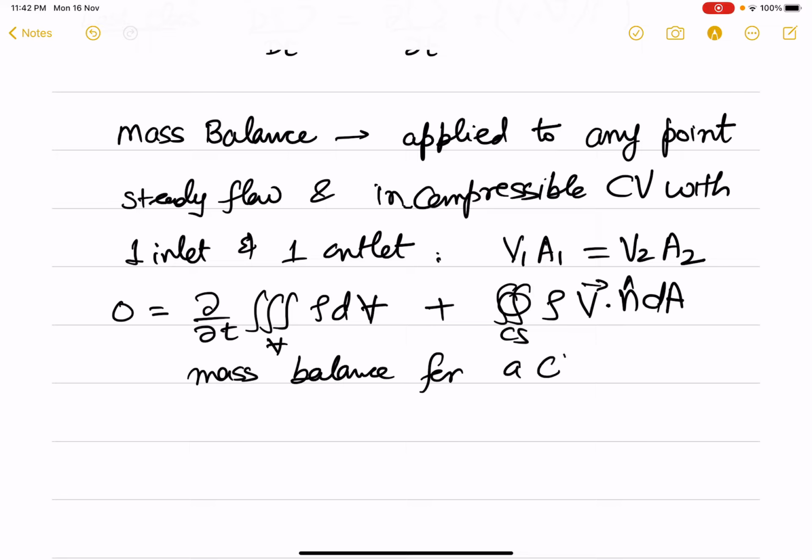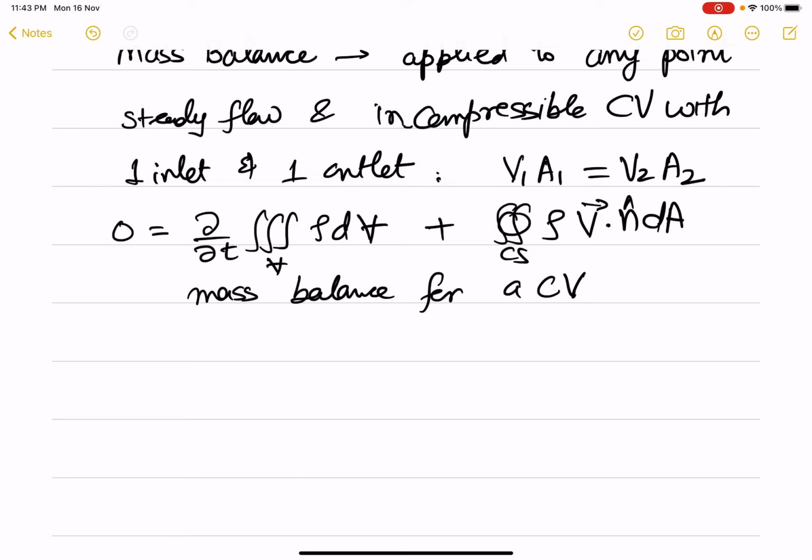Now, to derive the differential version of this, we will shrink this equation to a point. That means we will take our control volume and shrink it and make it approach a point. And this we have seen in semi-differential analysis also.